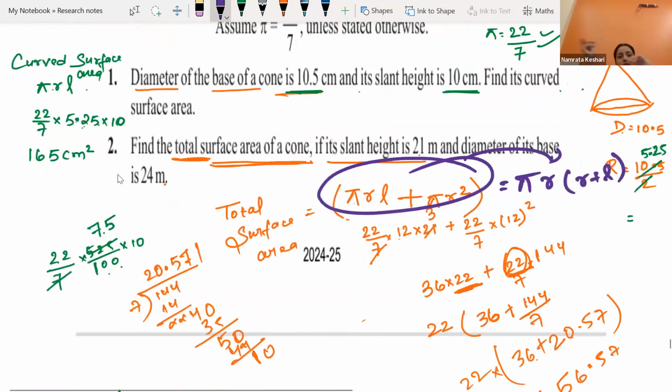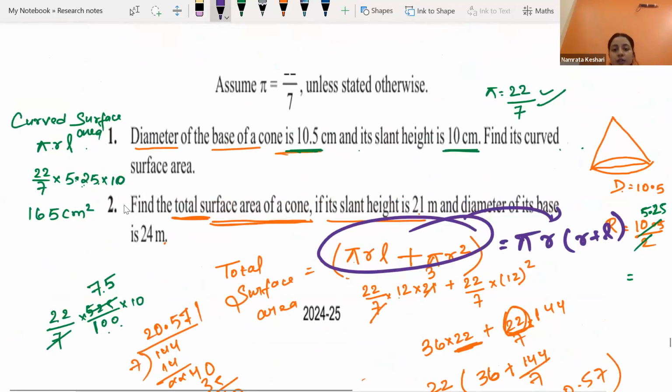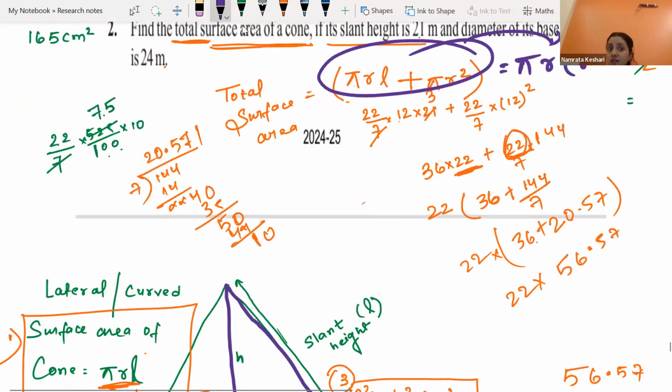So even if you are doing it separately or like this, our answer must not vary. Okay, let me check where I have written anything incorrectly. Yeah, it is correct still here. 144 divided by 7 I have done.